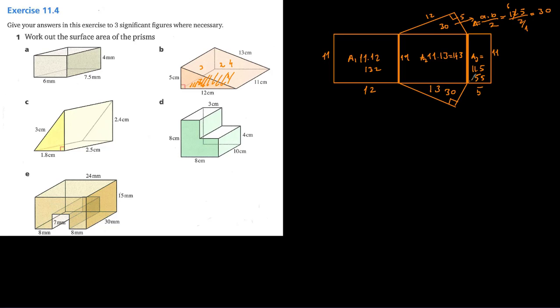So the total area of the surface is A1 plus A2 plus A3 plus 2 times the area of the triangle.